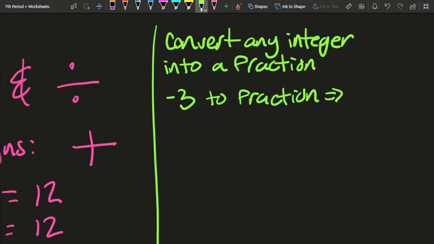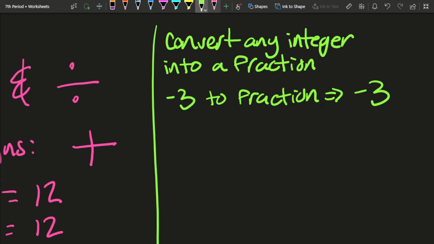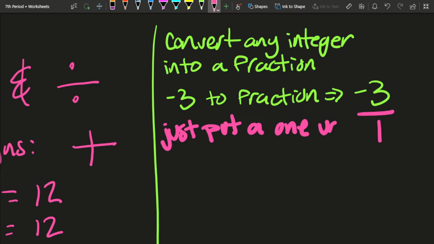All you have to do is rewrite it, and then just put a 1 under, and that's a fraction. Anytime you have an integer, all you have to do is put a 1 under, and that's going to be your fraction right there. That's it.